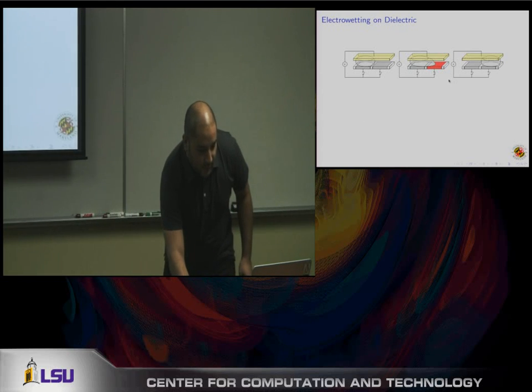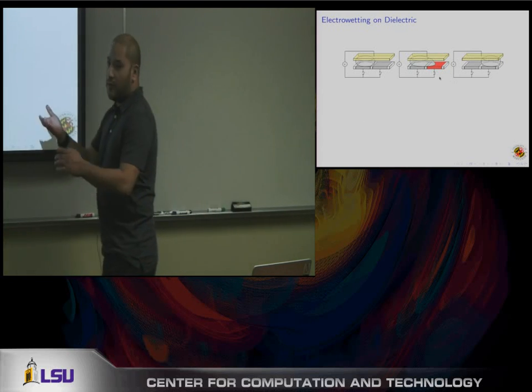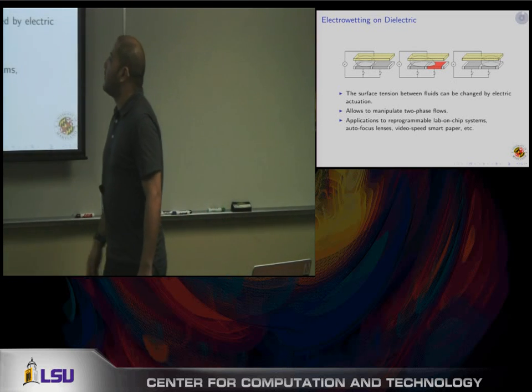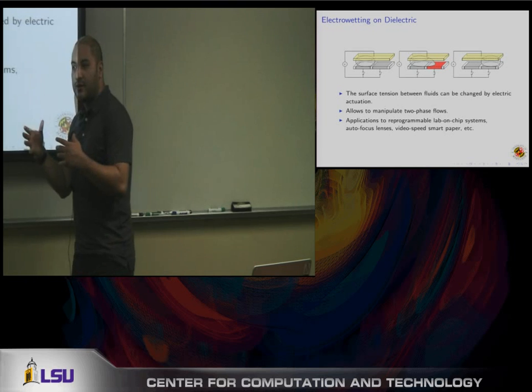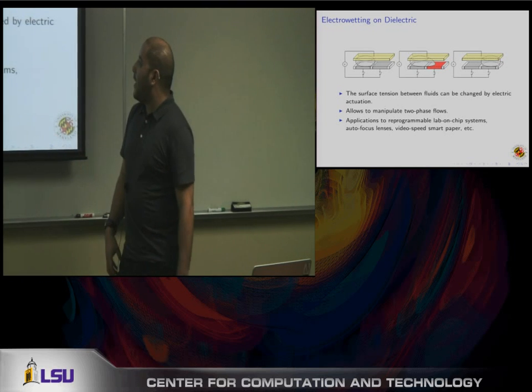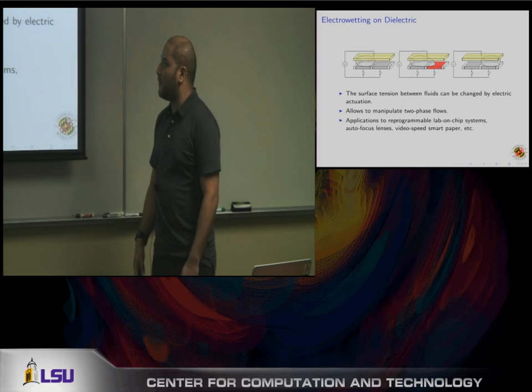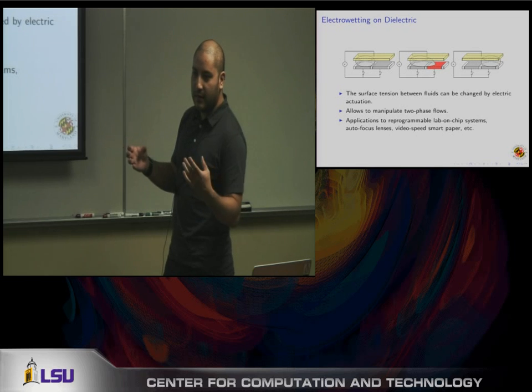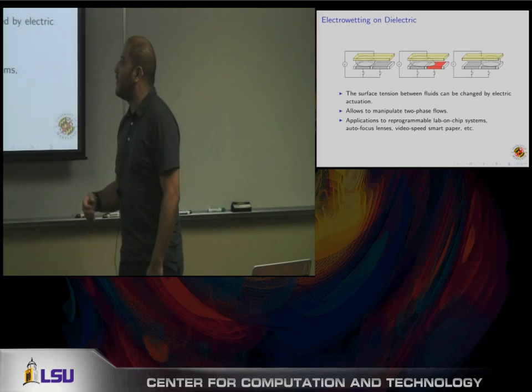You basically apply a voltage pattern to one of the plates, and the electric actuation makes the surface tension between the two fluids change. And as the picture shows, you get the droplet to form, or even eventually to move, to split, to merge with other droplets, and so on.